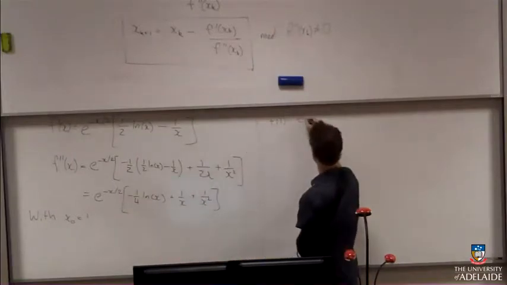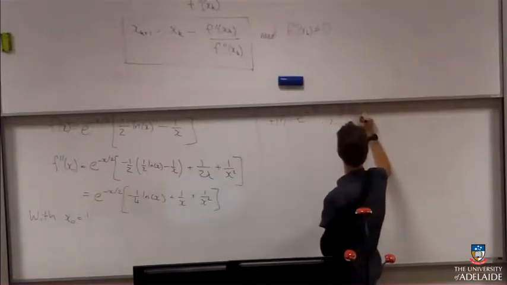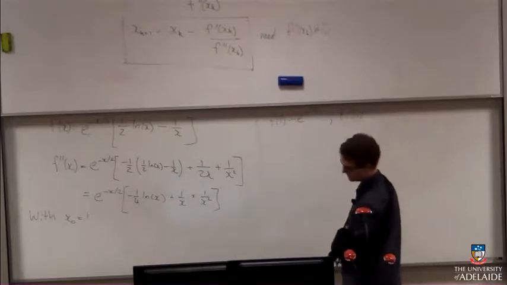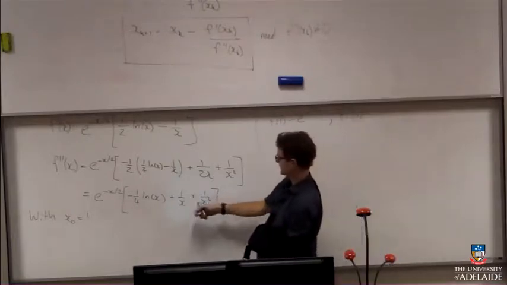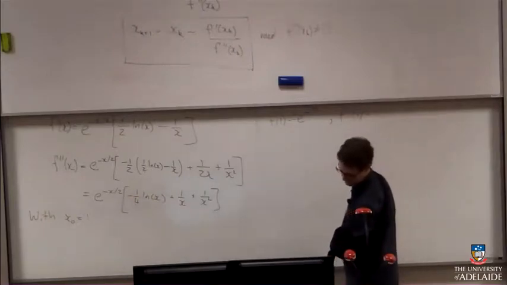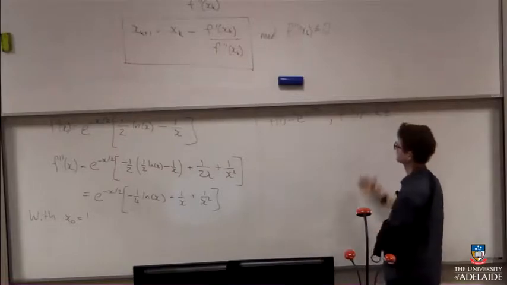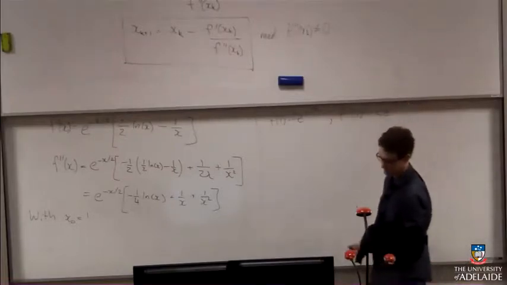So this will be e to the negative a half with a minus sign out the front. And the second derivative, so plugging 1 into this, that's 1, that's 0. That's e to the negative a half. That's going to give me 2 e to the negative a half. So I've got those, I can evaluate them.